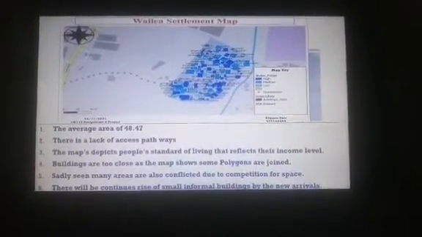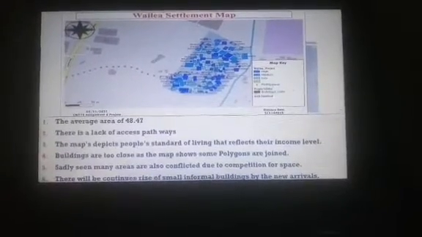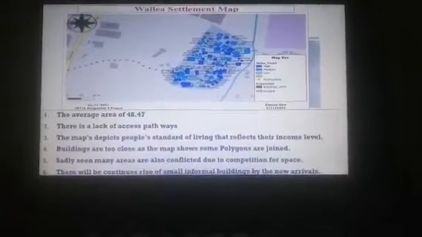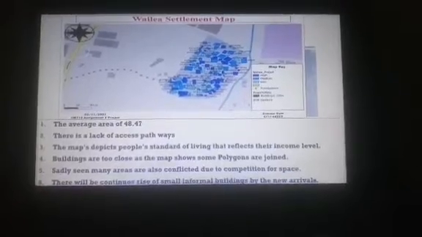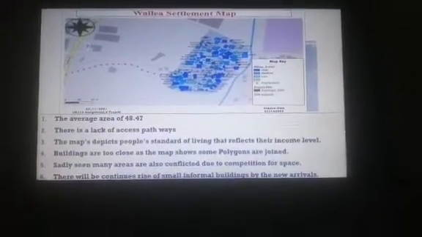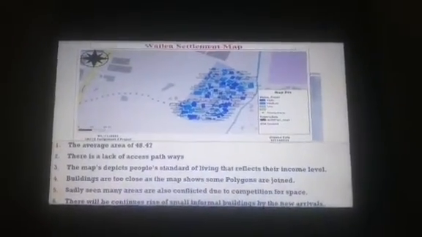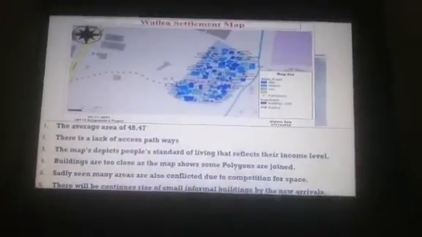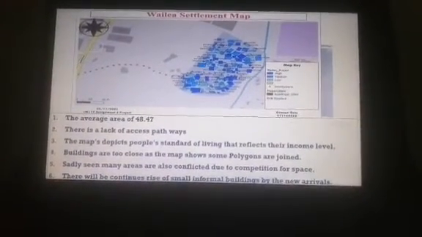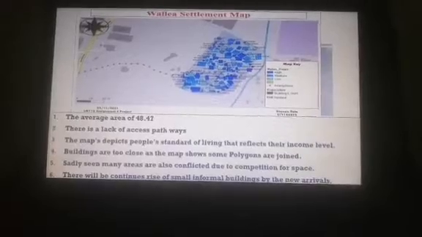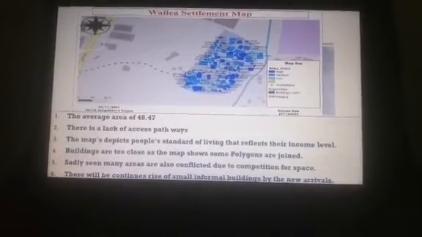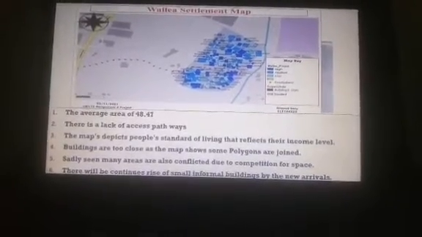Hence, this means that these 21 households are not properly planned in terms of space between them. This unequal space has created conflicts among them, as the property data vividly outlines. Thus, Wailea settlement is really an informal settlement.